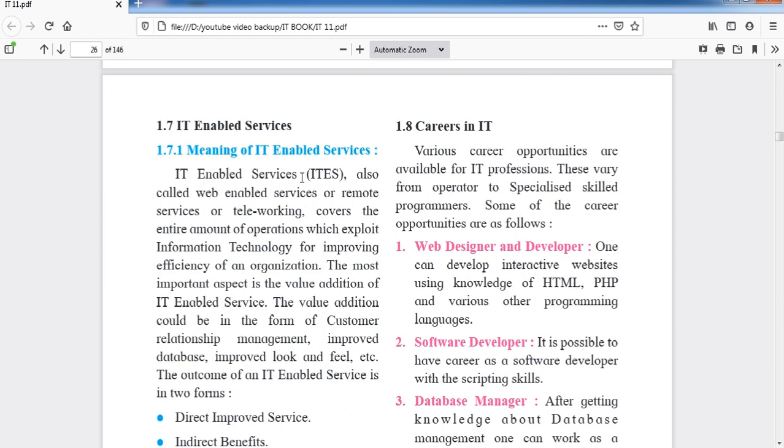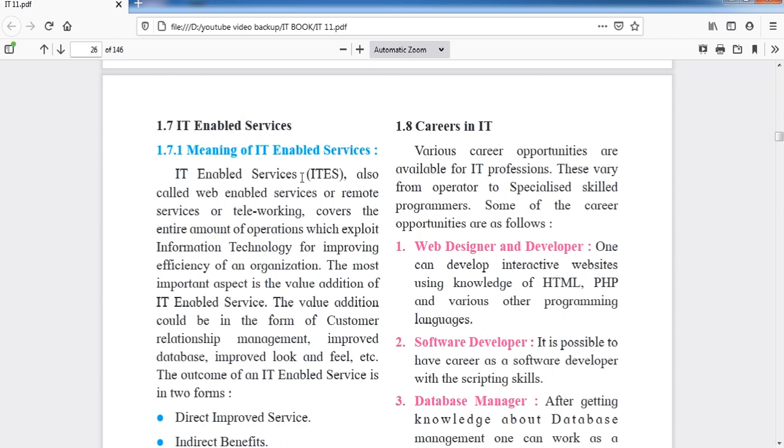Likewise, call centers help them. Or, if I'm using any product, suppose I'm using a mobile and I'm having trouble in my mobile, then the companies which produce the mobile have their service centers, or we may say their helplines, to help.